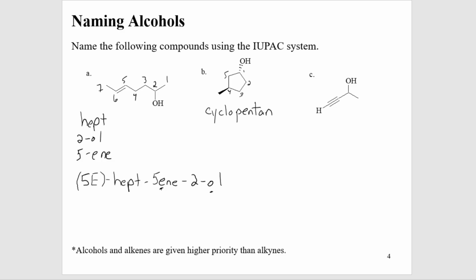Feel free if you want to. 1-cyclopentanol, cyclopent-1-ol, or just cyclopentanol. If you don't give the number, it's assumed to be at the 1, but any one of those 3 variations is fine by me. Also note that there is a methyl at 4, so there's a 4-methyl I have to take into consideration.